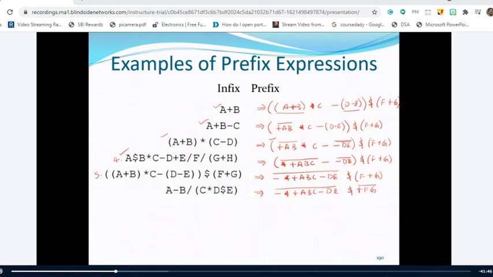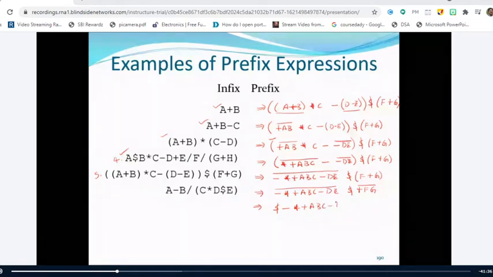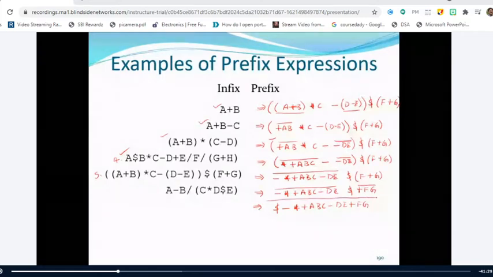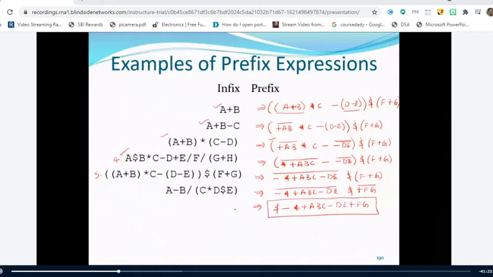Plus FG. And we are left with only one operator. You just convert. It becomes dollar minus star plus ABC minus D plus FG. That's it. So this is the corresponding prefix expression for the given infix expression.